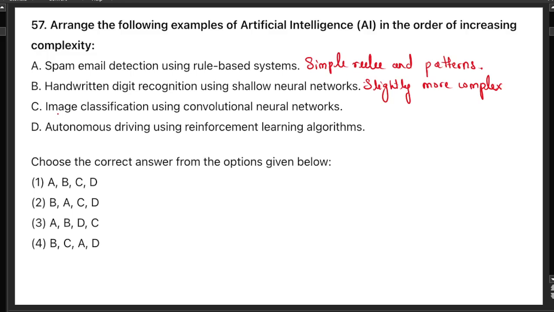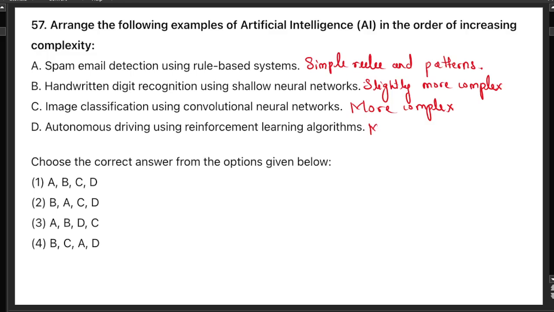If we talk about option C, image classification using convolutional neural network, this is more complex due to use of deep learning and convolutional layers. Autonomous driving using reinforcement learning algorithm, this is most complex. Why? Due to integration of real-time decision making and learning.